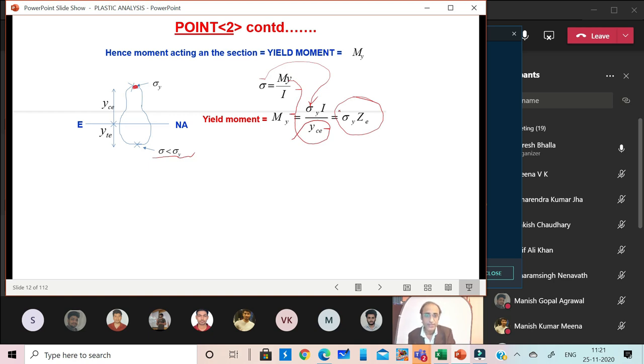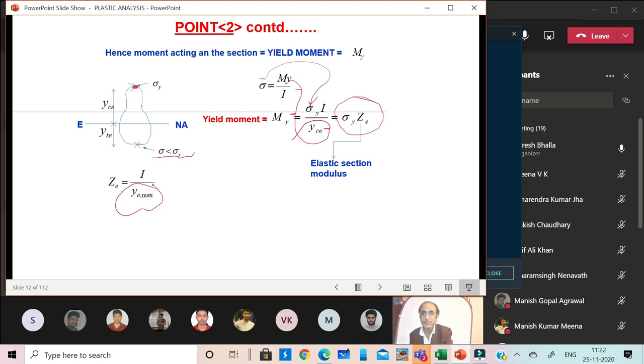So what is Z? Z can be with respect to tension, Z can be with respect to compression, but as a general rule Z will be dictated by the lower of the two values. This is called the elastic section modulus, and we define it like this: it's equal to I divided by the greater of the two distances of the extreme fiber, either the top or the bottom, with respect to the neutral axis.